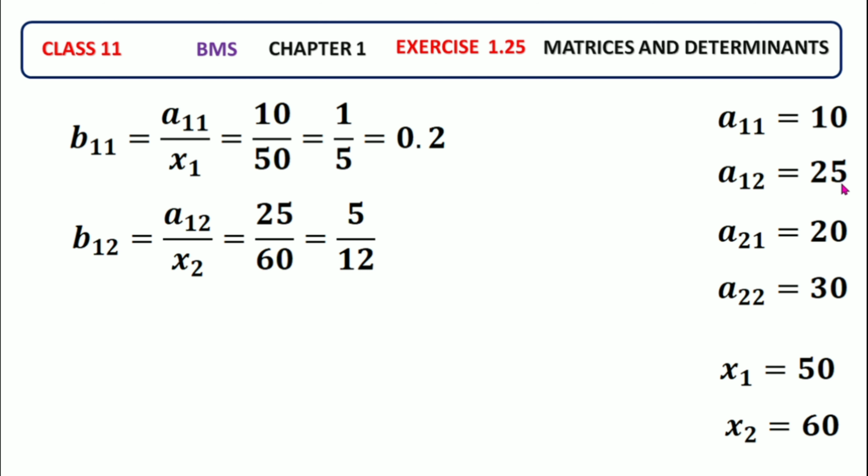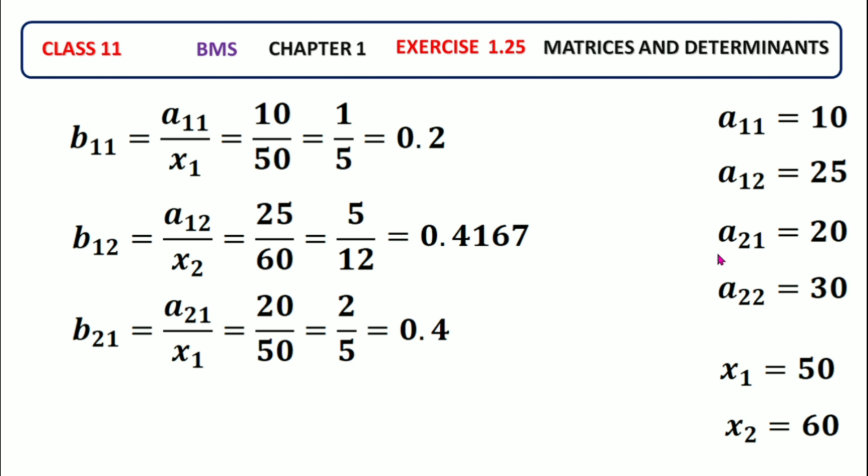So A12 value 25, X2 value 60, 25 by 60, 5 5s are 25, 12 5s are 60. Solving 0.4167. B21 equal to A21 by X1, 20 by 50, 2 by 5, 0.4.